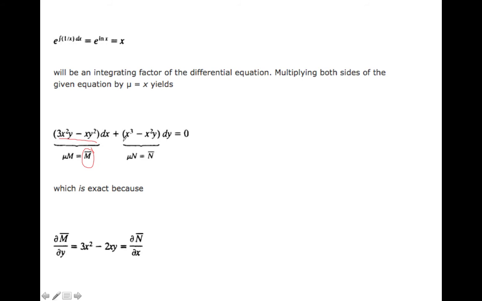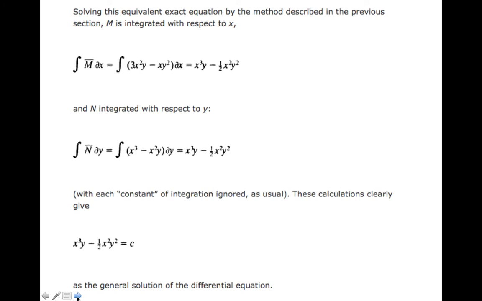Then we multiply our N term by x, referring to that as N bar. Now if we run the exactness test on M bar and N bar, we find that the derivative of M bar with respect to y is indeed equal to the derivative of N bar with respect to x. So this new equation does meet the criteria for exactness.